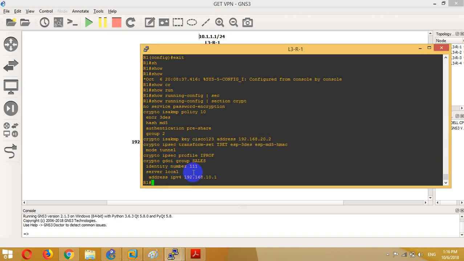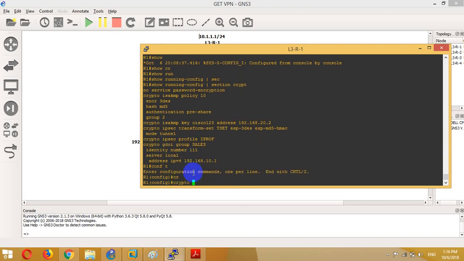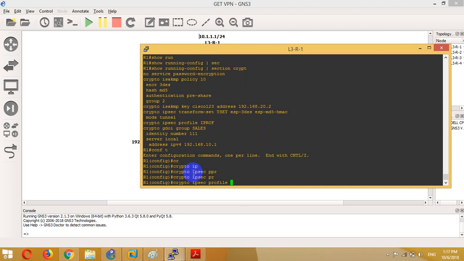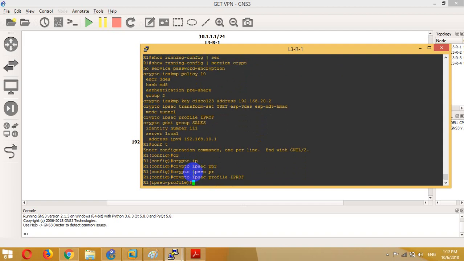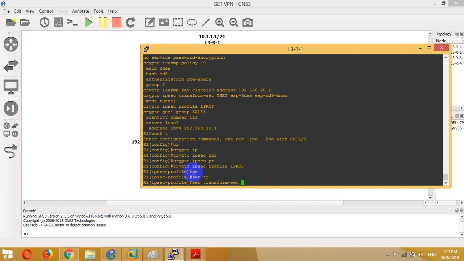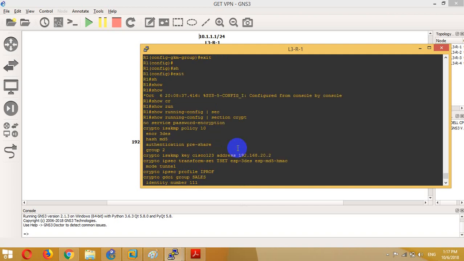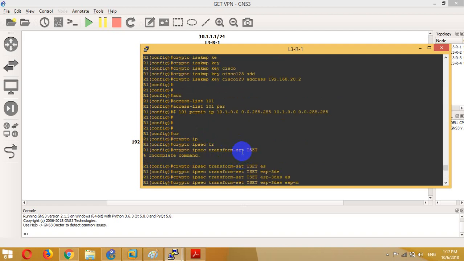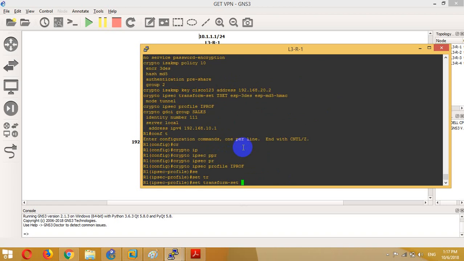We forgot one thing to do, guys, so I'll go back to conf t. Under crypto IPsec profile iProf, set transform set, the name of the transform set that we created here, tset.